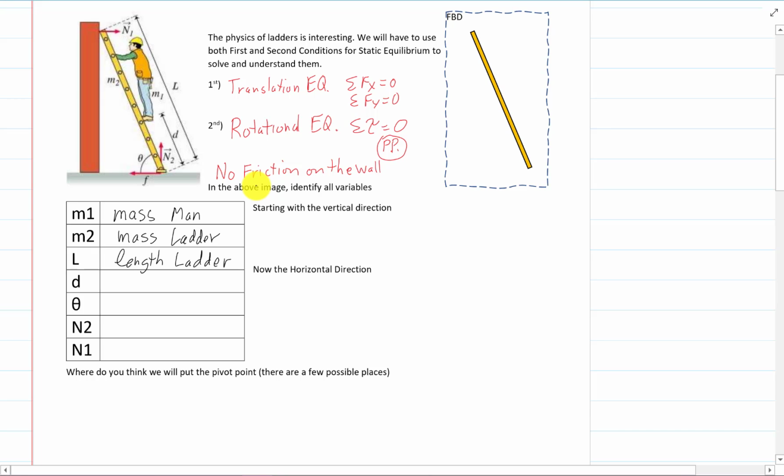D is the distance the man is up the ladder. And theta is the angle to the ground, the angle to the horizontal.